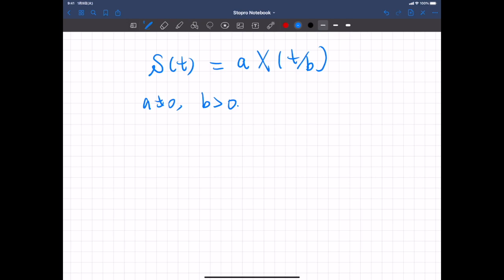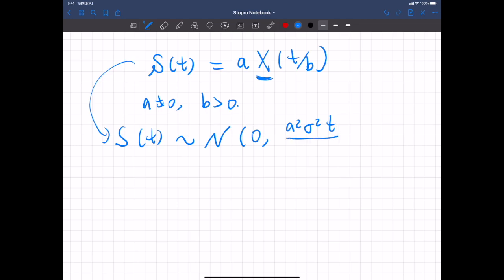It can be shown, and you should try to show, that this S is again a Brownian motion. So this follows the normal distribution with mean 0, and variance becomes a squared sigma squared times t divided by b, where sigma squared comes from the variance of this x.